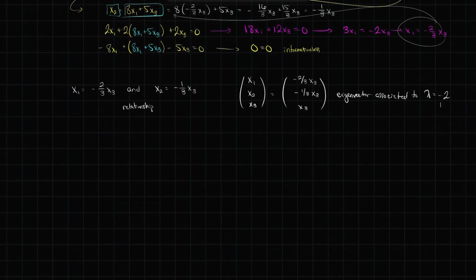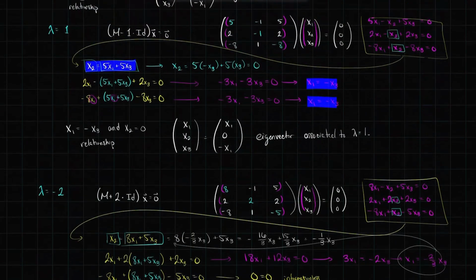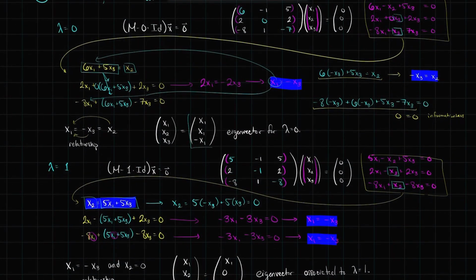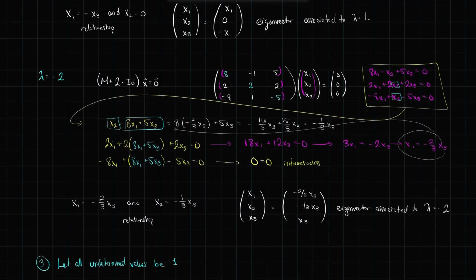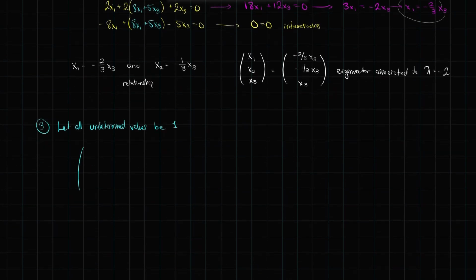At step 3, I let all undetermined values be 1. My first eigenvector was x1, x1, minus x1, so I'll let the undetermined values be 1 and go with 1, 1, negative 1, associated to lambda equals 0.